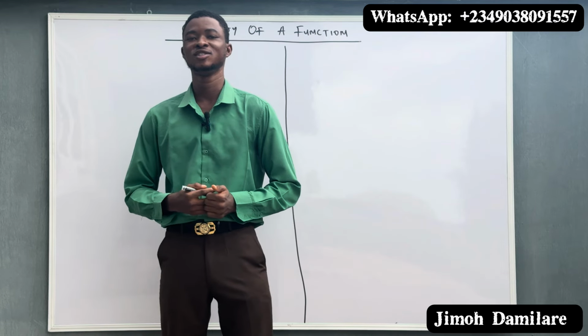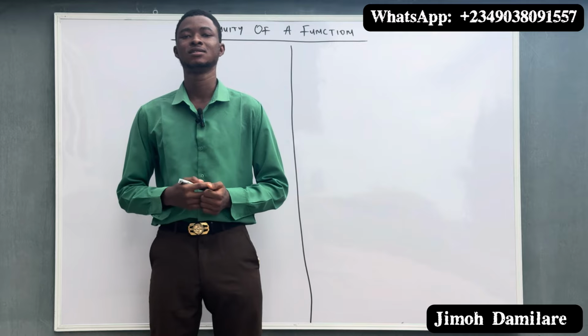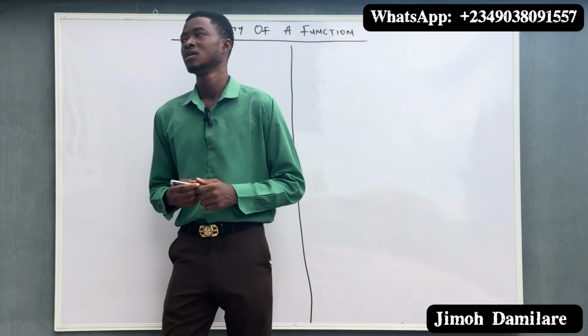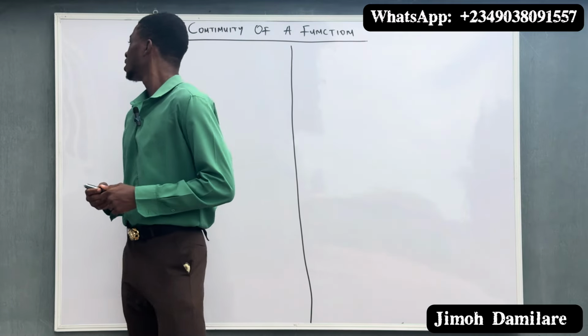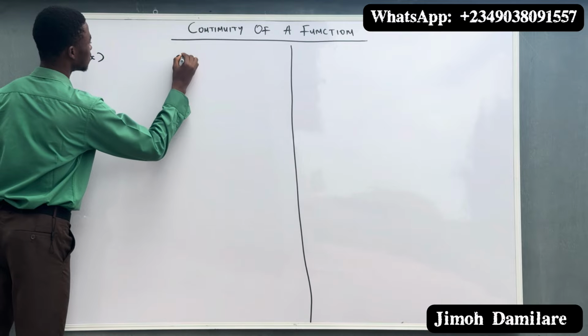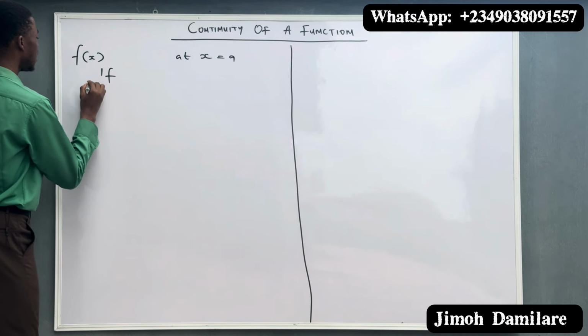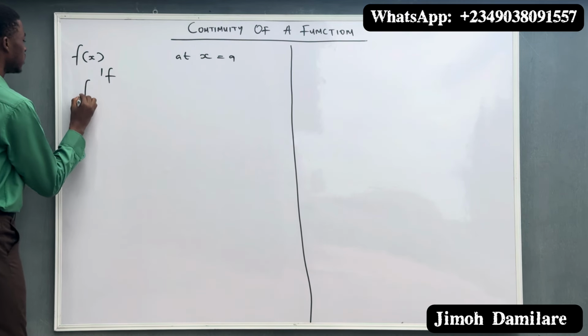So what do we understand by the continuity of a function? Before that, let's look at the condition for continuity. Let's say we have a function f of x. We can say this function f of x is continuous at x equal to a if f of a is equal to the limit of f of x as x approaches a.